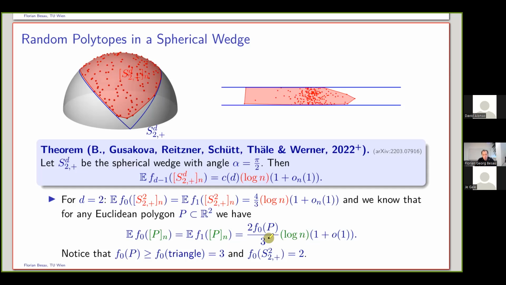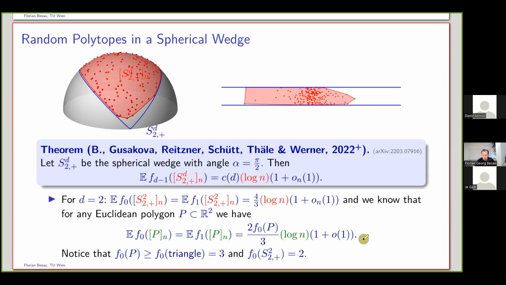So in a sense, your spherical wedge is extending this family by sort of a polygon, if you want, with only 2 vertices, and it's fitting very nicely, from this point of view, into this theory. So the sphere allows us a certain non-Euclidean polygon, which only has 2 vertices, which breaks this lower bound that we see in Euclidean space for the triangle. Okay, so this was just another observation we had.